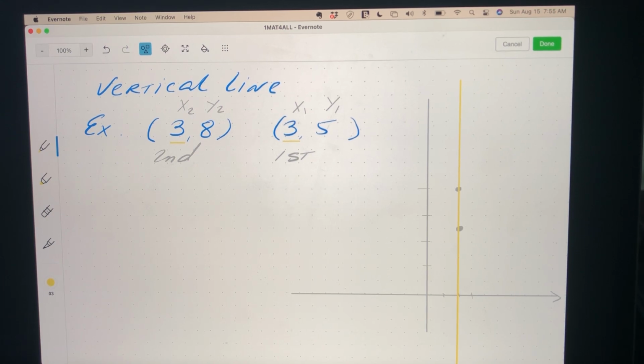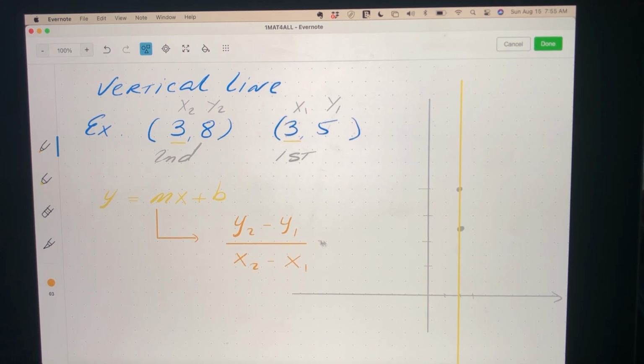Any line has the equation y equals mx plus b, and the first thing we find is the m. To find the m, we use y2 minus y1 divided by x2 minus x1.